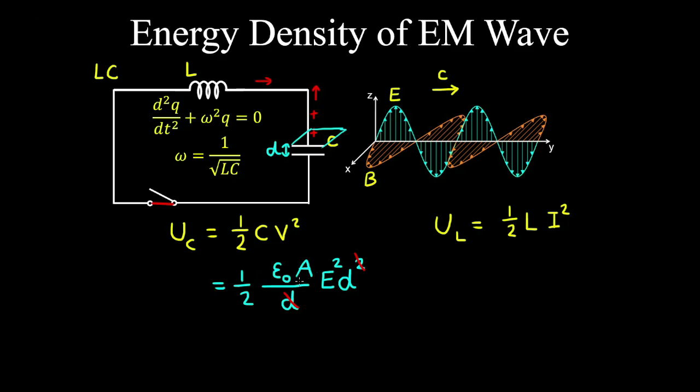And now if we divide through by the volume occupied by the electric field, which is the cross-sectional area of the capacitor plate by the distance between the plates, then we get the energy density of the electric field, which is 1/2 by epsilon naught by E squared.